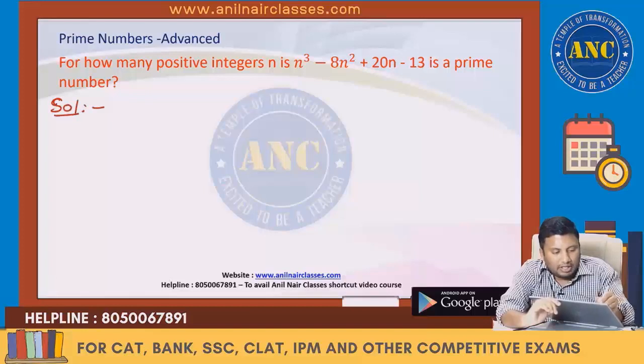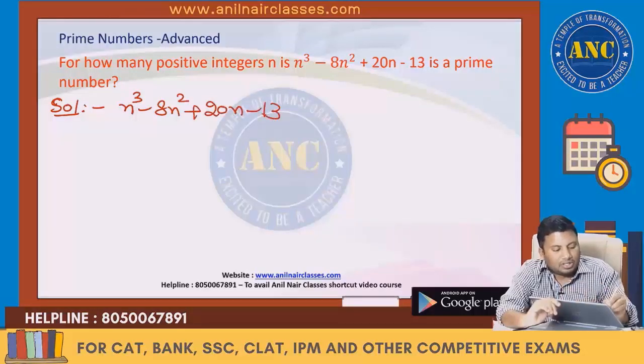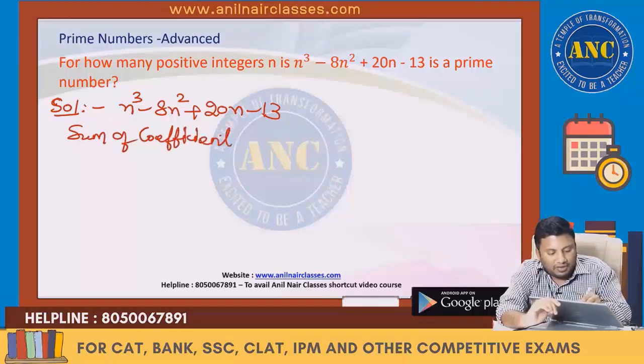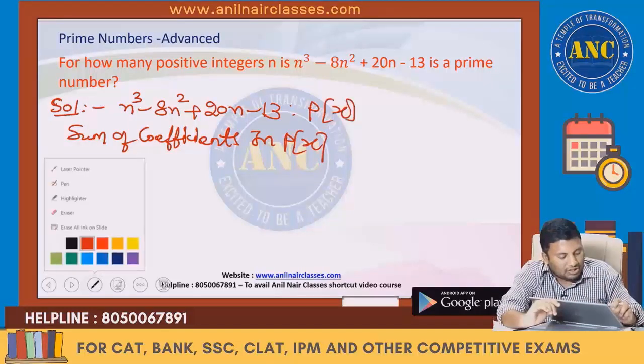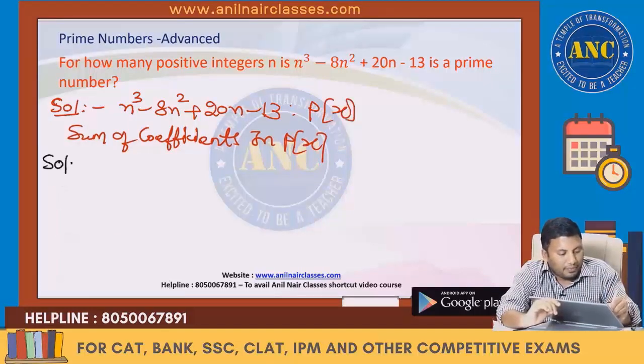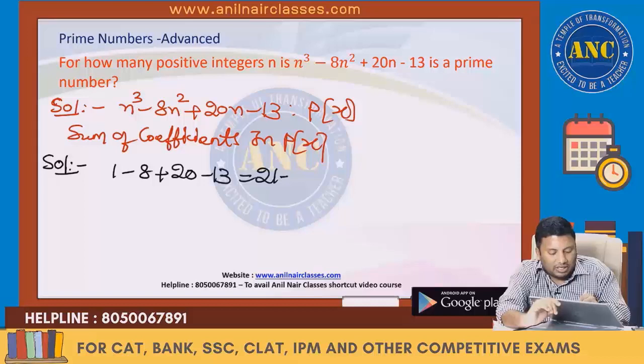Solution: n cube minus 8n square plus 20n minus 13. Let us check what is happening for the sum of the coefficients in P of x. If I call this polynomial expression P of x, the sum of the coefficients is 1 minus 8 plus 20 minus 13, which is 21 minus 21, that is 0.